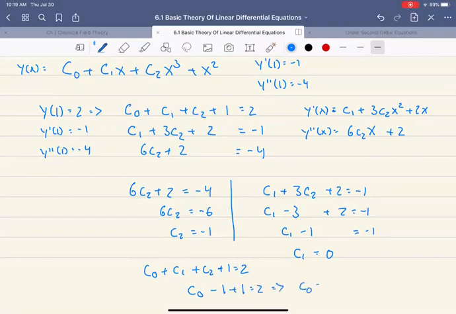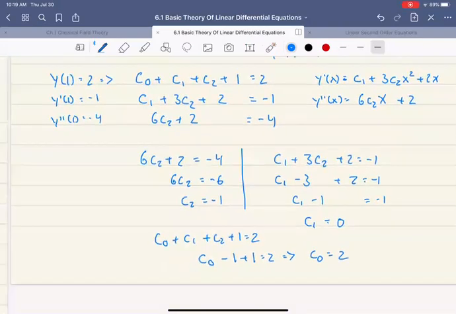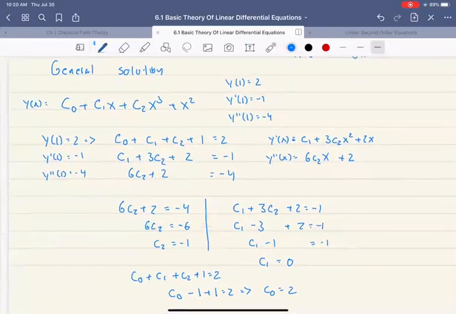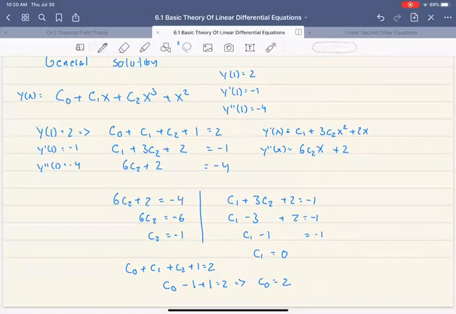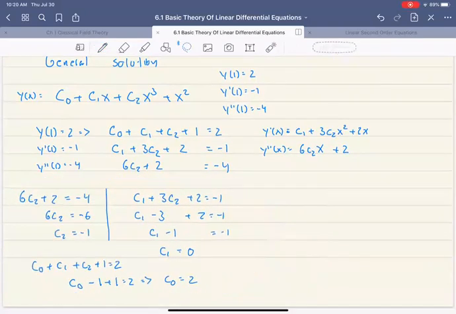So C0 equals 2. Oh my, I'm already out of space. So my y of x is going to be 2 minus x cubed plus x squared.